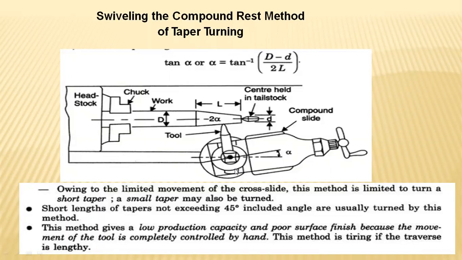So hence, the gravitational force also should be considered in an opposite way in order to monitor the taper turning process. And even this method is very much a risk to handle when compared to the tailstock method.